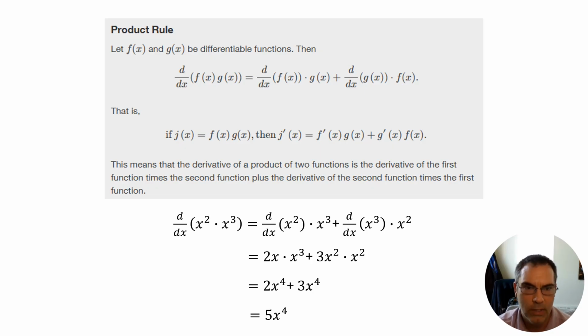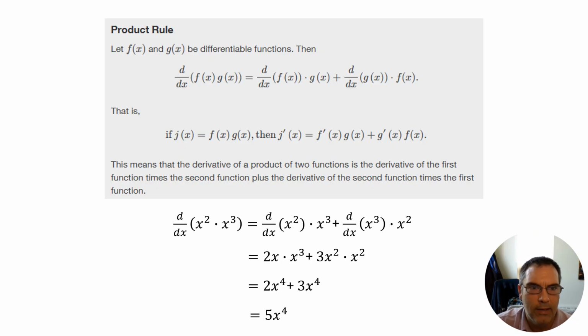So let's assume that you can take the derivative of both of the two functions, and let's call those functions f and g. Then, what is the rule for differentiating the product? So we have the derivative operation and then the product of the two functions, and those two functions are in the parentheses. So you're taking the derivative of this product.